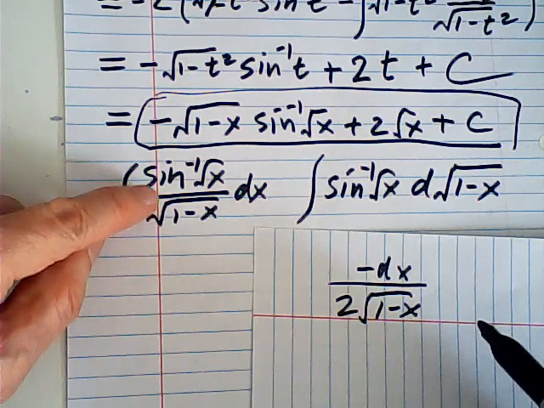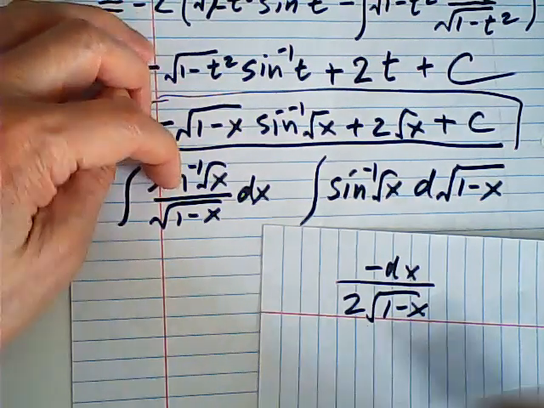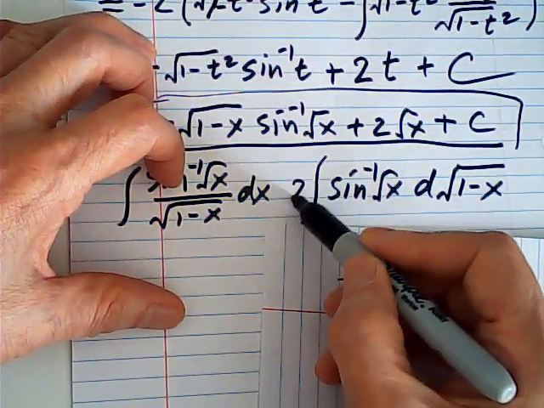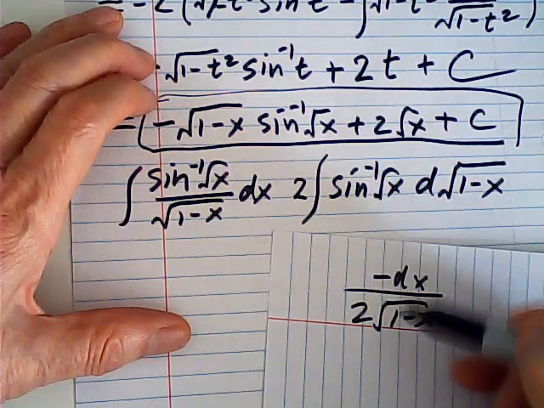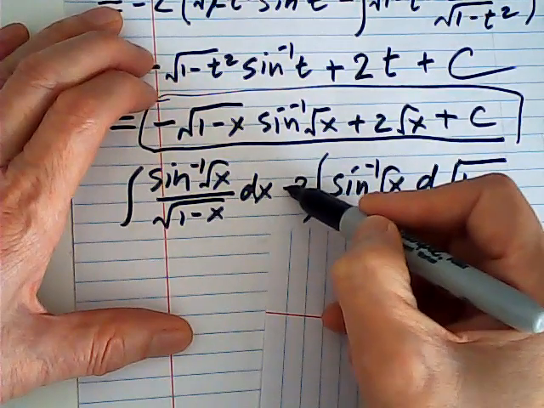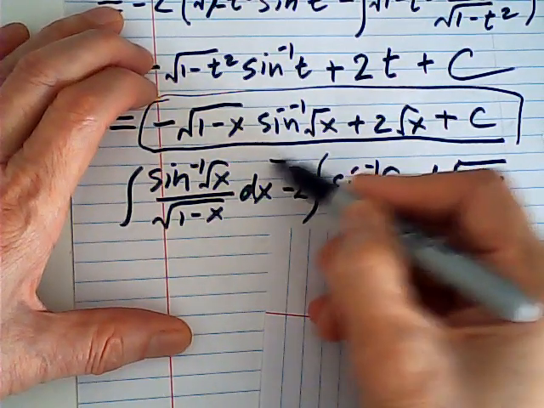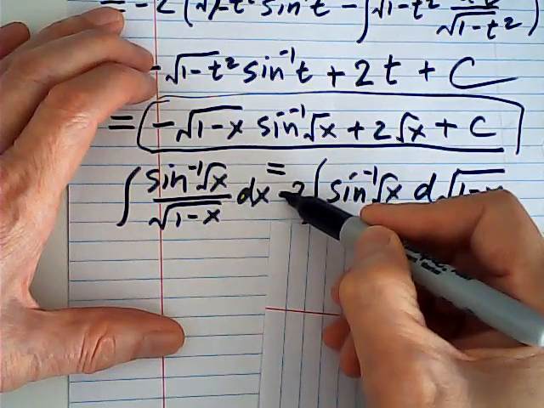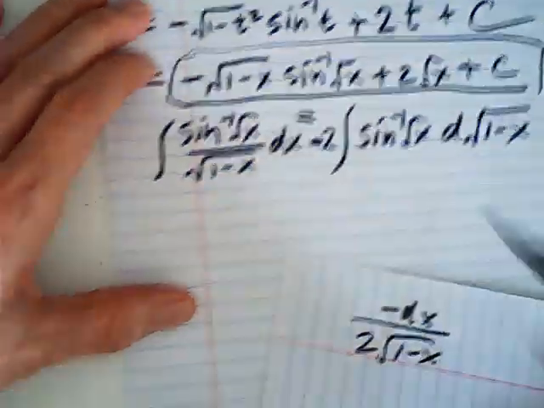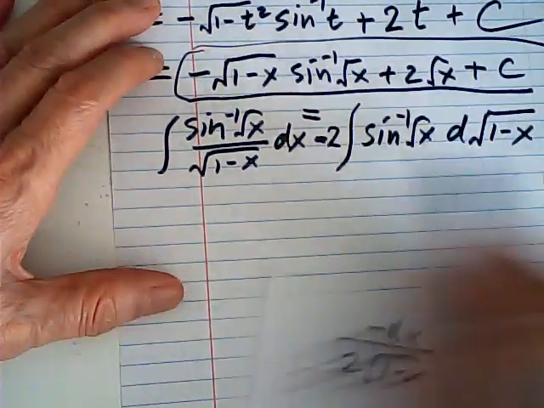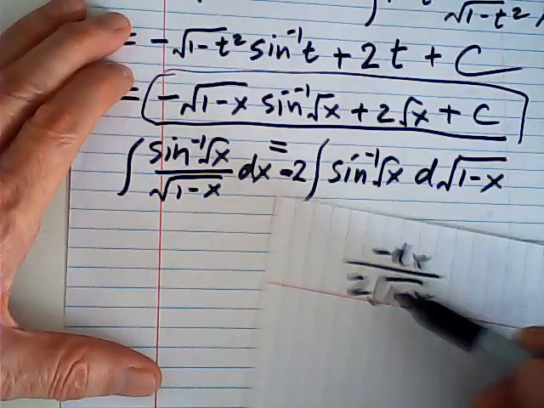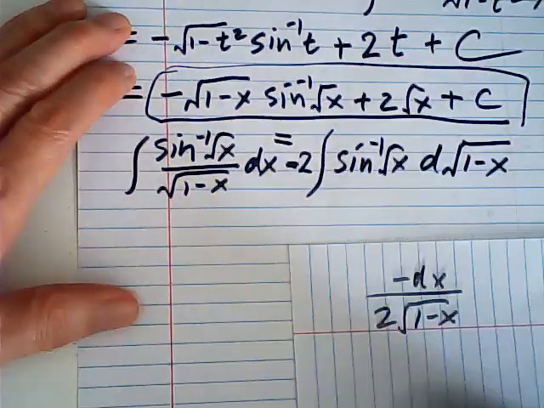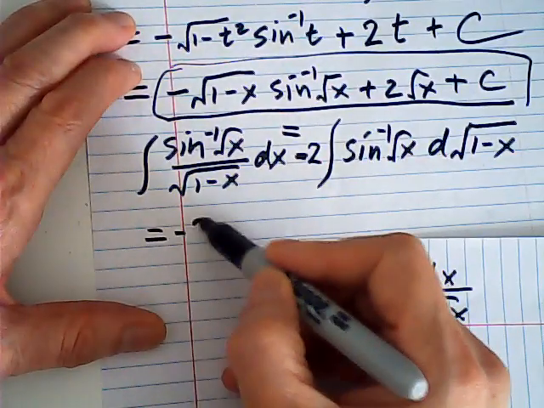I don't have a half here, so I'll multiply by 2. Then I don't have negative here and put a negative there. Then they are equal. Equal negative 2, okay? Because this equals this. Now is equal to negative 2.